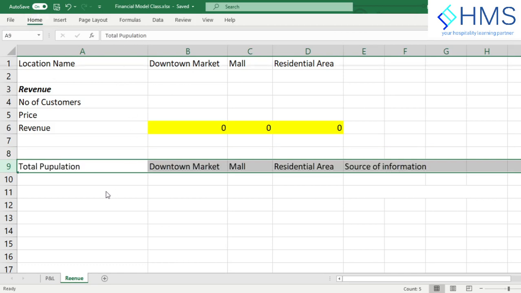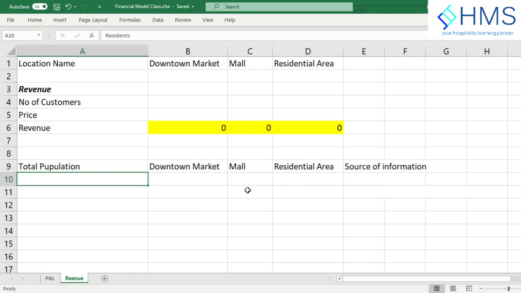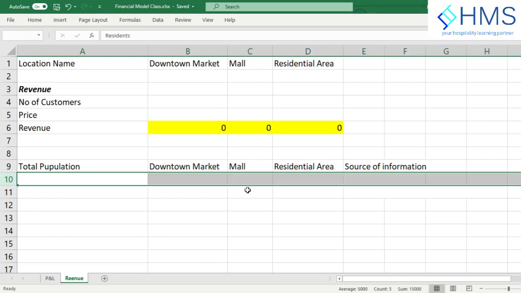So basically, you will need a total population, which is going to be the downtown market, mall, and residential area, and we also need to capture the source of information. The source of information is important because you need to be able to demonstrate where you are getting this information from, what the source of this particular information is.